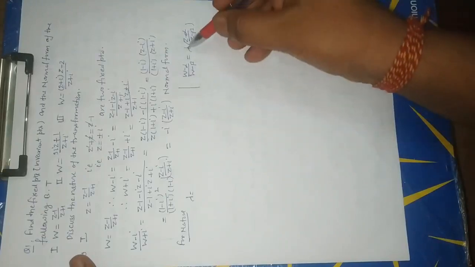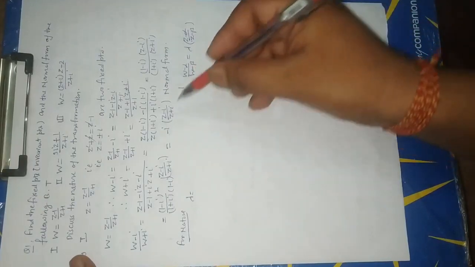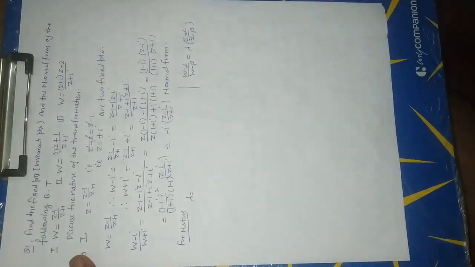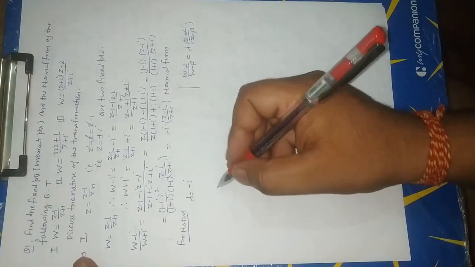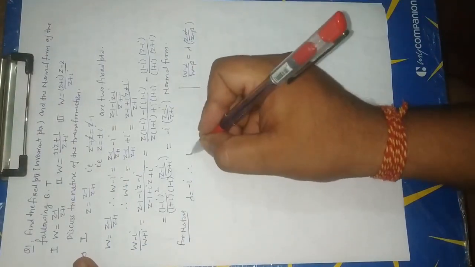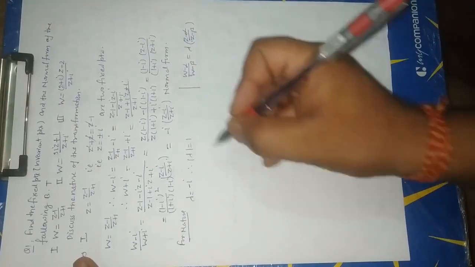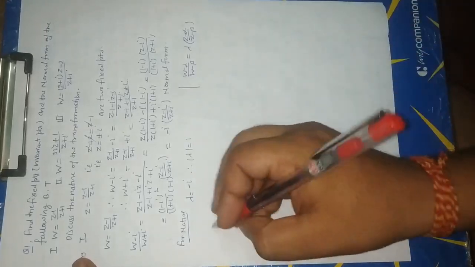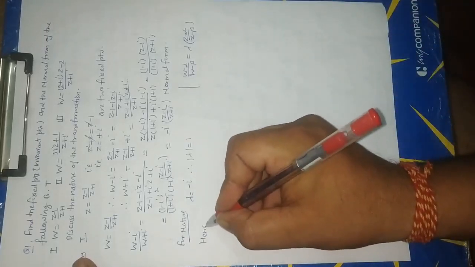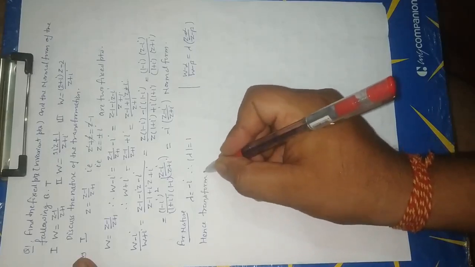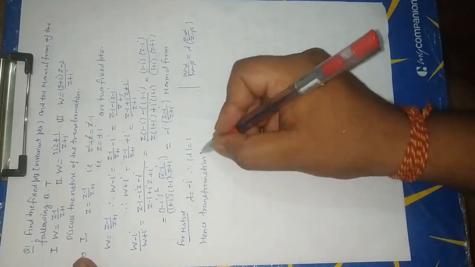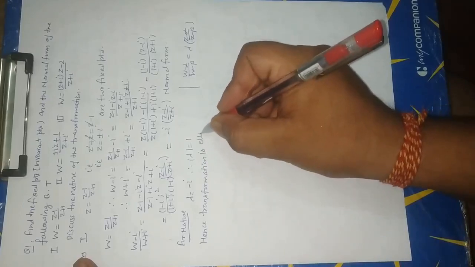Now here lambda is equal to minus i. Now the modulus of lambda equals 1 and the transformation is elliptic.